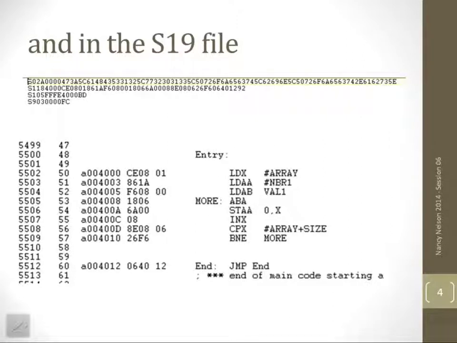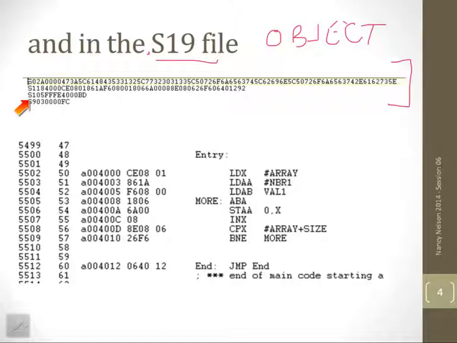More important as far as the processor itself is concerned is the S19 file, and this is also called the object file. It's called an S19 file because it has a .s19 extension. It's a text file. If we open it up in any text editor, this is what we're going to see.